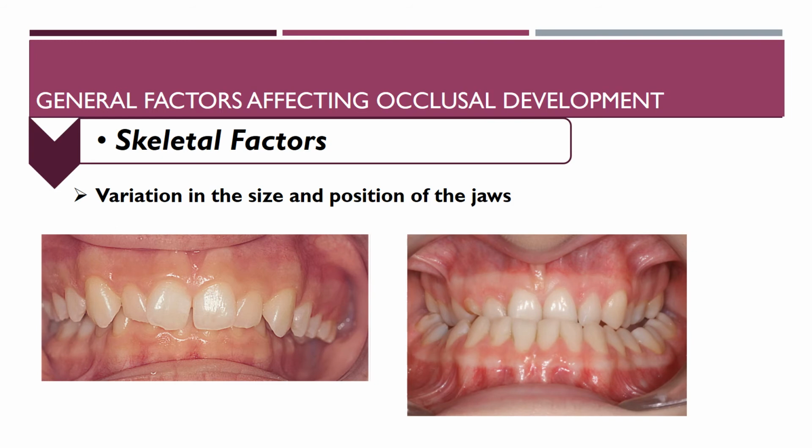As we see here, when the upper jaw is smaller than the lower jaw, there is a buccal crossbite, while when the upper jaw is larger than the lower jaw, there will be a scissor bite.